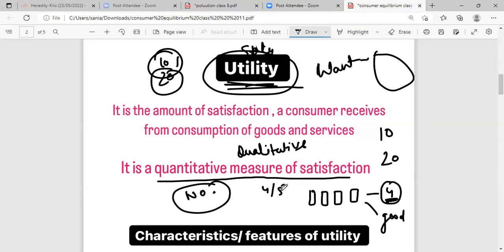So if you are using numerical values to express something, that is a quantitative measure. But if you are using words like good, bad, nice, and not numbers, then it is a qualitative measure, telling the quality. Utility uses numbers, so it is a quantitative measure. Clear? Yes, ma'am.